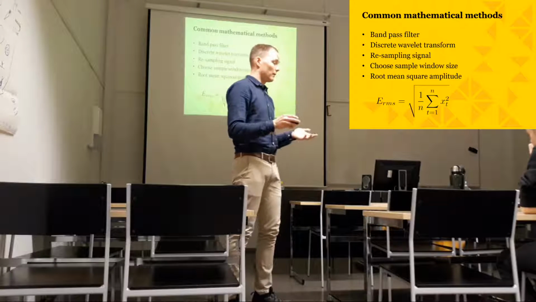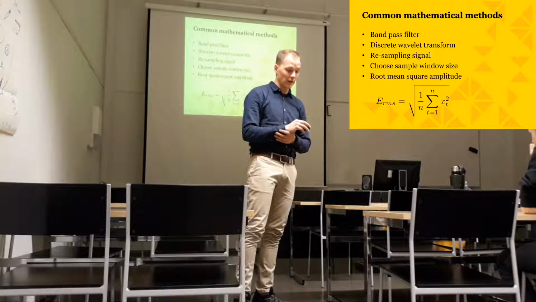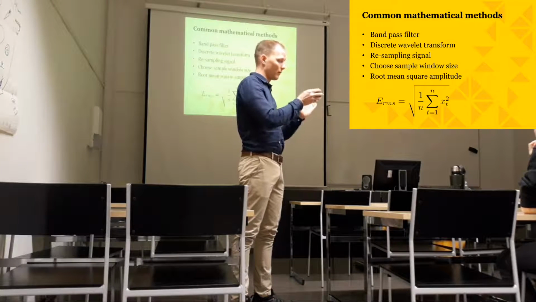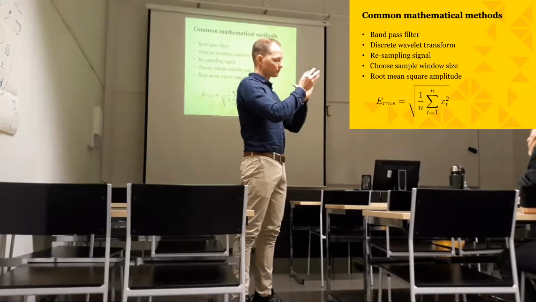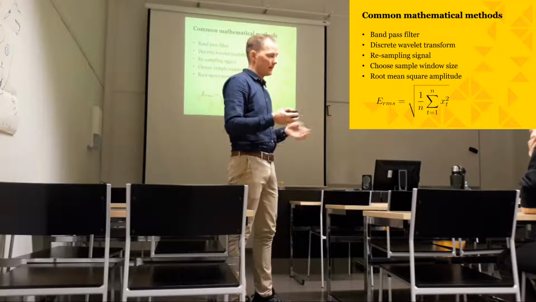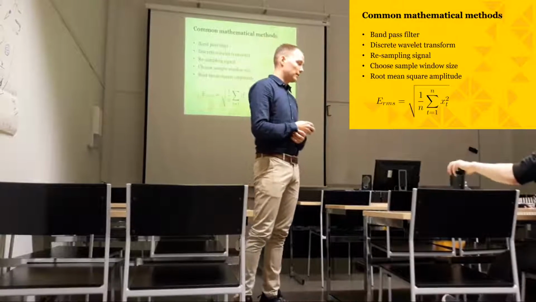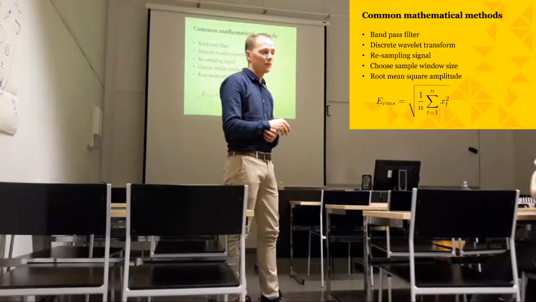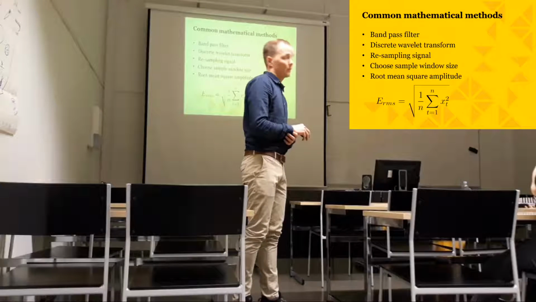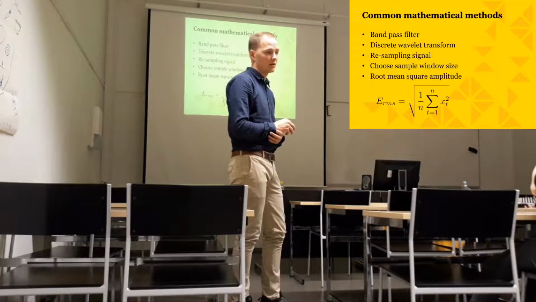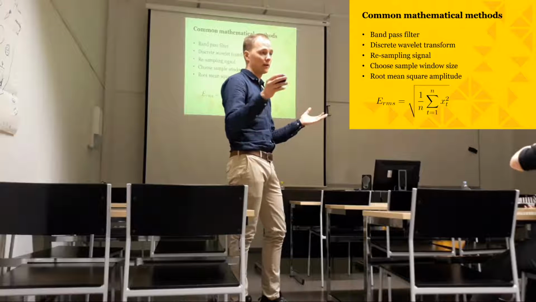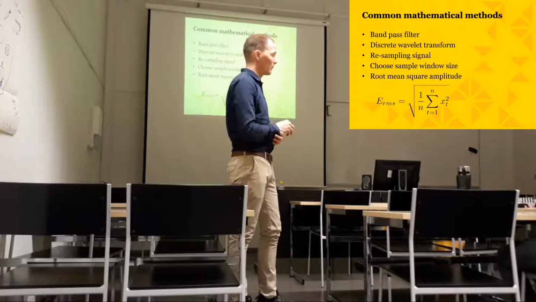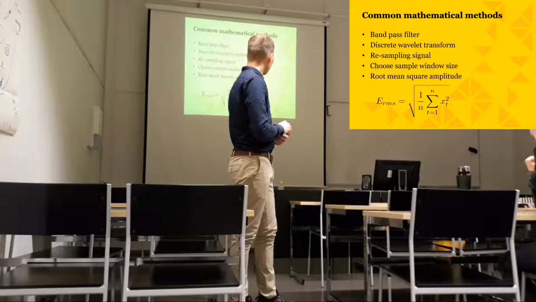Often it's very important to choose a window size, for example in this moving average filter. This window size is usually a couple tenths or hundreds of milliseconds, but it really depends on the application, what you are trying to get from the signal, and what kind of window size could be best.